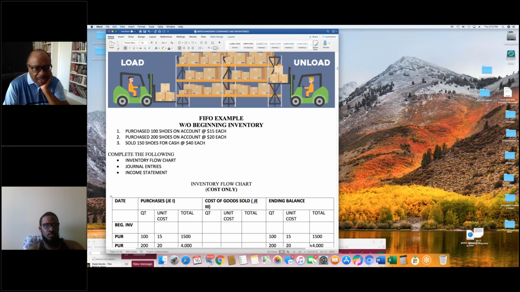So now we're ready for the cost of goods sold column. Because we're selling the first ones first, we're going to sell these first. We're selling the old stuff first.